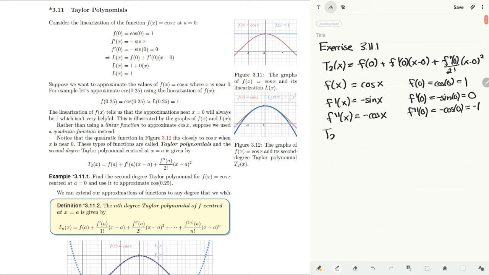And so the second degree Taylor polynomial is 1 plus 0 times x plus negative 1 over 2 factorial, which is 2 times 1, times x squared. And so simplifying, we end up with 1 minus 1/2 x squared.